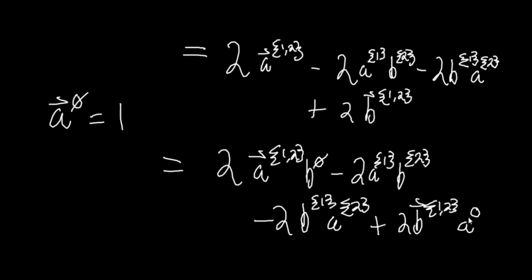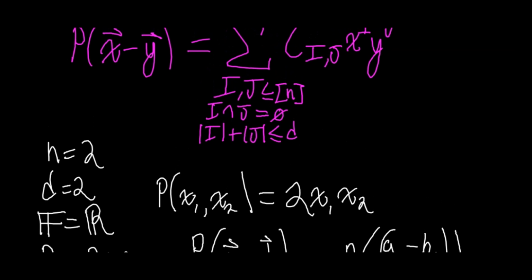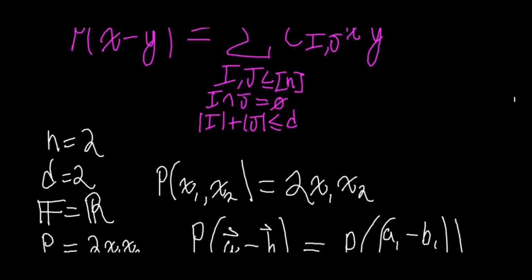And we can now see that indeed we are summing over all subsets I and j of the positive integers up to 2 in our toy example.